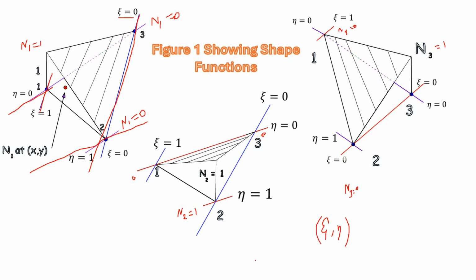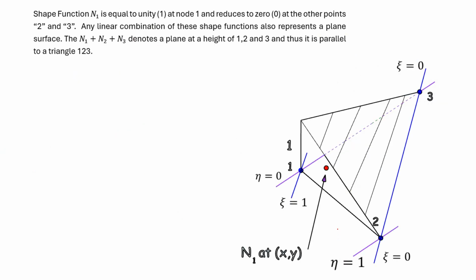So now we have two coordinate systems: the Cartesian coordinate system x and y, and the natural coordinate system represented by psi and eta. This is a typical example where we are trying to find out the value of n1 at this particular location where the Cartesian coordinate is x comma y.